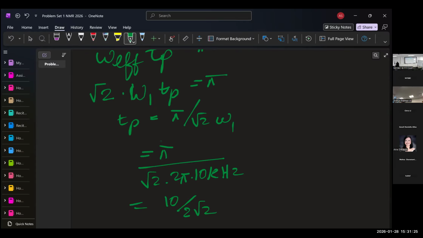So root 2 times omega 1 times the time t_p is pi, so t_p is pi over root 2 omega 1. The omega 1's cancel, the pi's cancel, so our new time is the 90-degree pulse length over root 2.